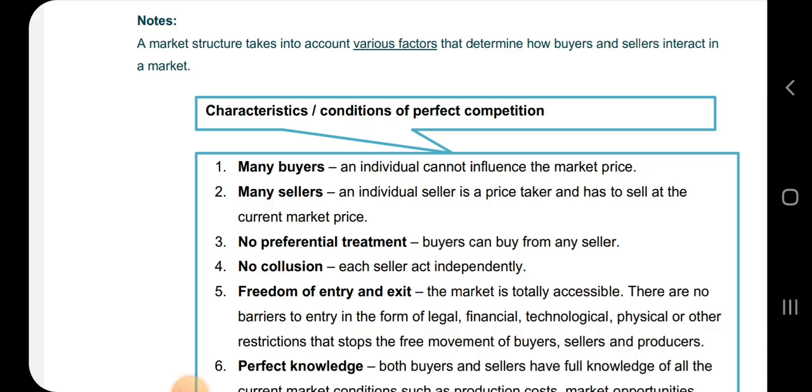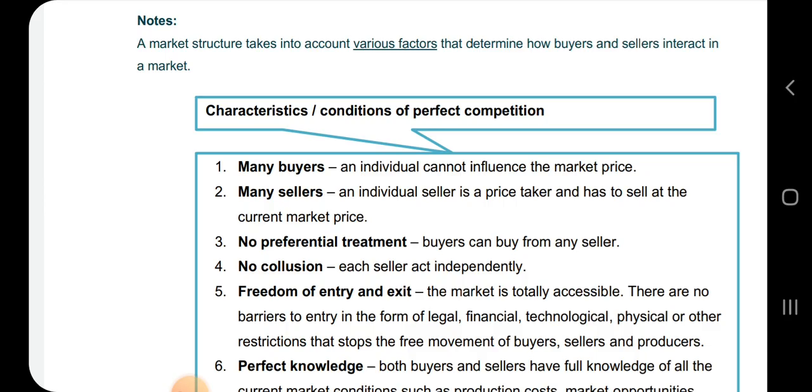With regards to markets, it's the same thing. There are features and conditions which qualify a certain market when we look at it and find out how it operates, to classify this as either a perfect competition or an imperfect competition. So that is exactly what we're going to do.